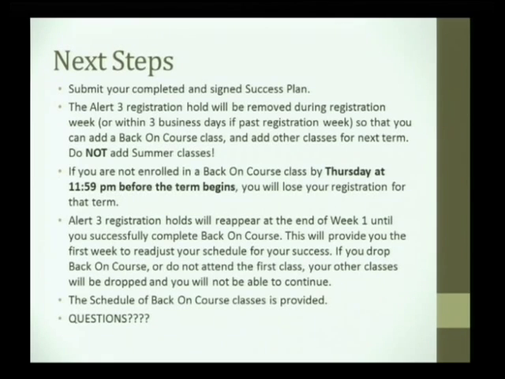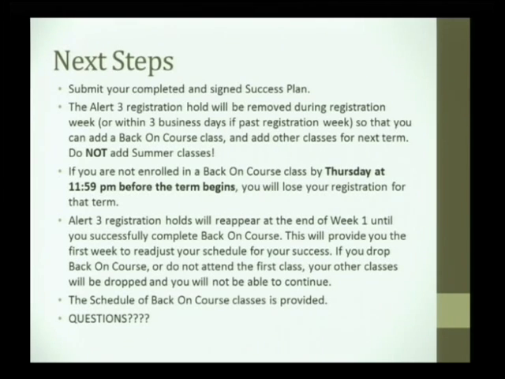Whatever that Thursday is before the Monday, if you don't have back on course on your schedule and you have other classes on your schedule, you'll lose those other classes, and it'll be another term before you can come back. So be sure you have a back on course class. I would encourage you to have it on soon. And if you don't have any classes and you don't have back on course, the hold comes back on then too, so it's going to be the next term.